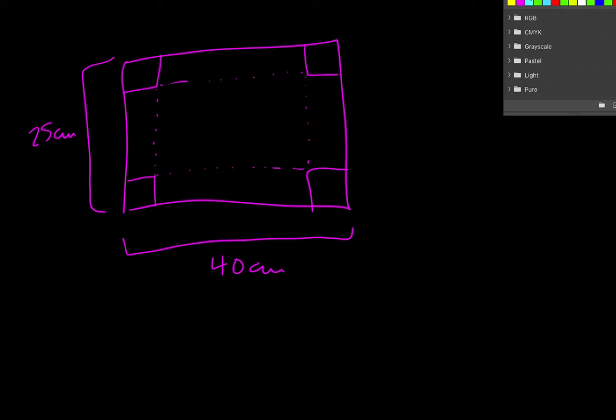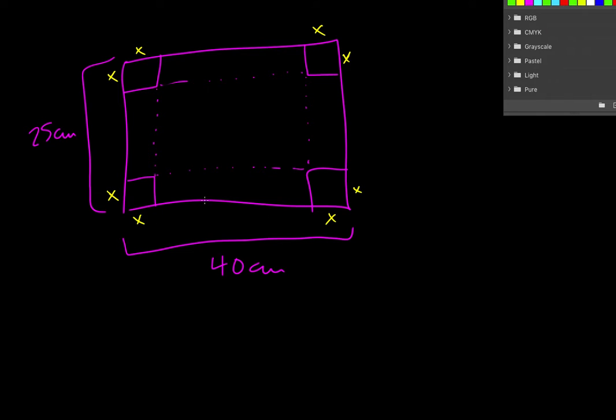Okay, so what we're going to do first, we're going to call the length of these squares x. So we have that all over. And then volume of a rectangular prism is just length times width times height.